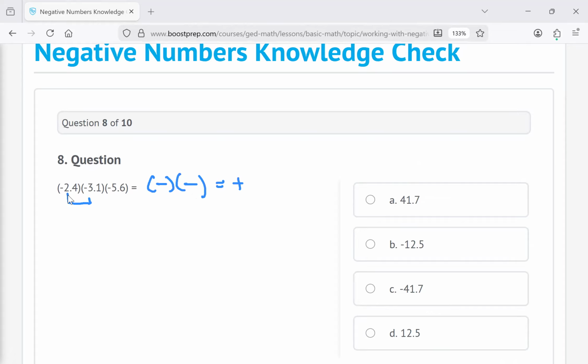2.4 times what now? Is 7.44. And then times this number, so this is positive, so you don't have to put the positive. If it's positive, you don't have to put the plus.